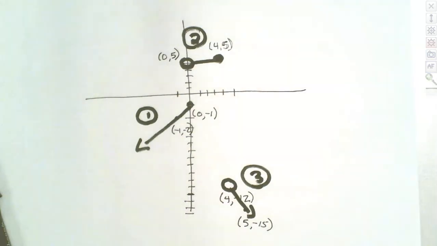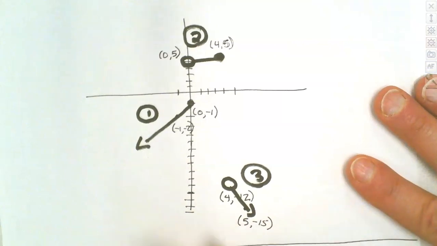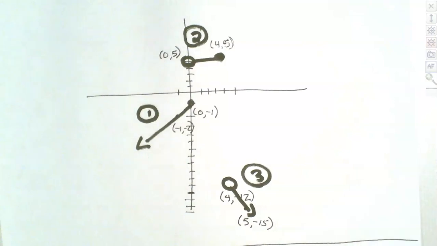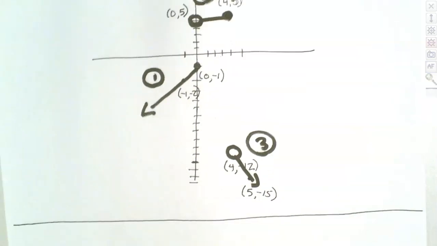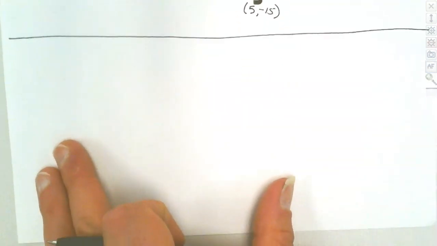So now let's move on. And now I'm going to do the opposite. So now I'm going to give you a graph, and you're going to have to find the function that it came from. So I'm going to give you a picture, and we're going to have to figure out what function this came from.